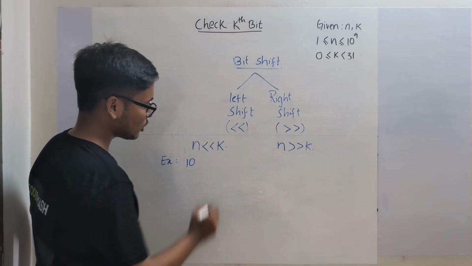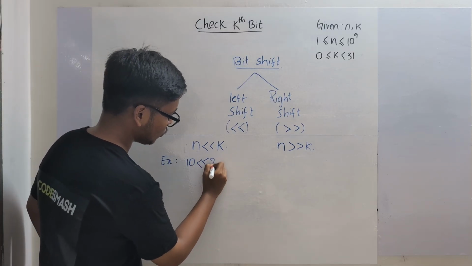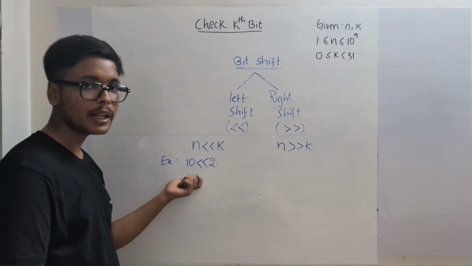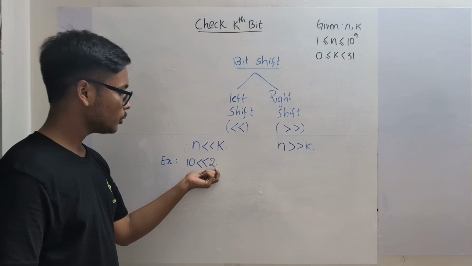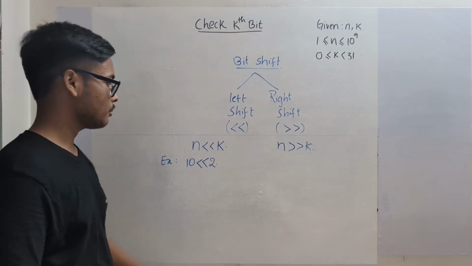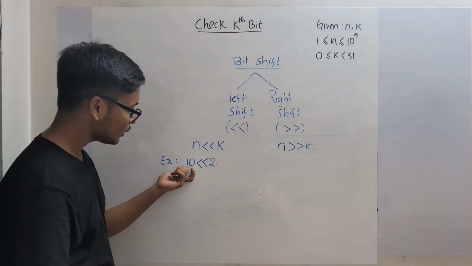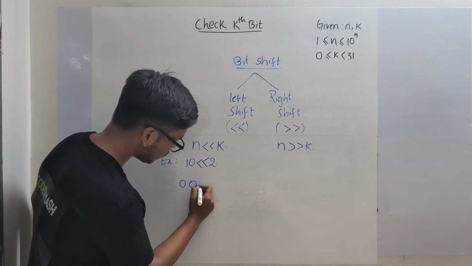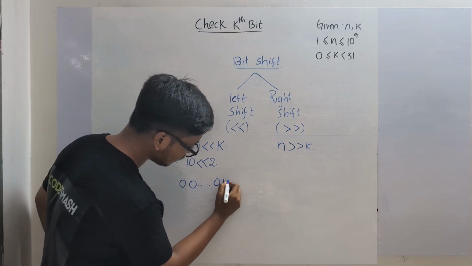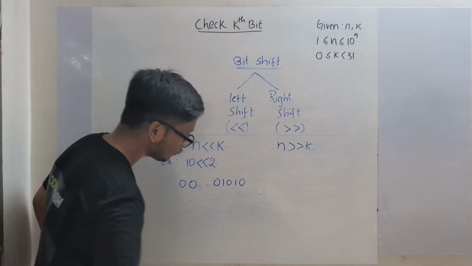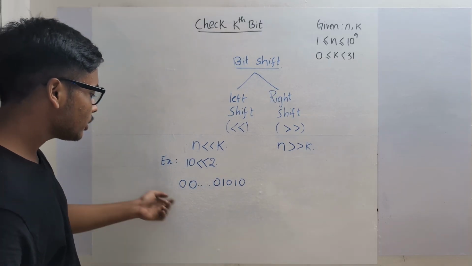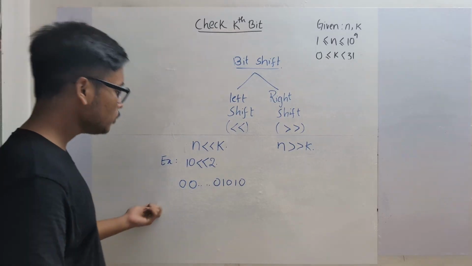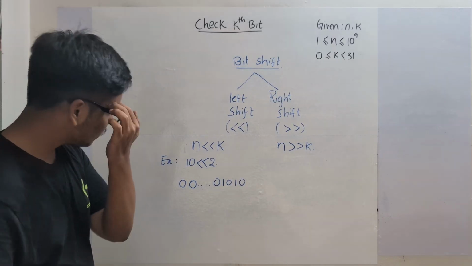We are taking n as 10 and k as 2. It means we are shifting every bit of 10 to the left side by 2 times. If you write 10 in its binary form, it's 0 0 and so on, 0 1 0 1 0. Now we have to shift every bit of this number to the left side by 2 times.